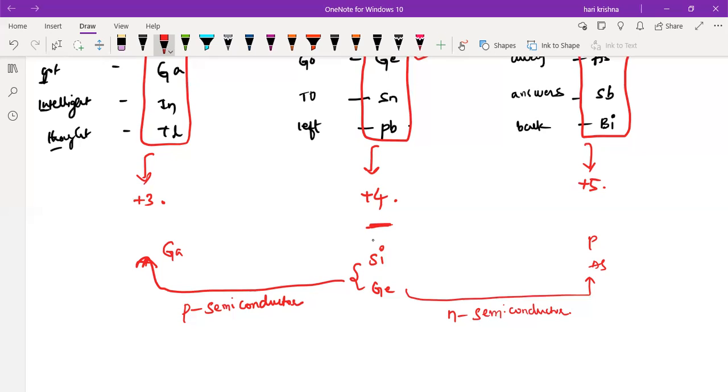Any idea? This is the electron deficiency, right? Group number 13. So this is electron deficient impurities. This is electron rich impurities.